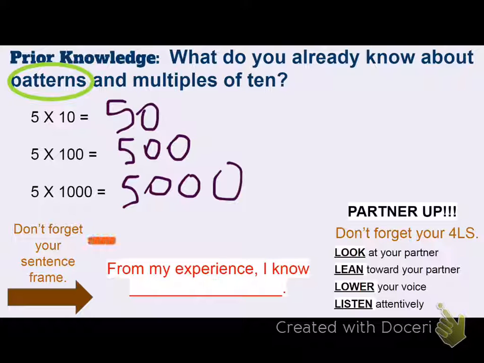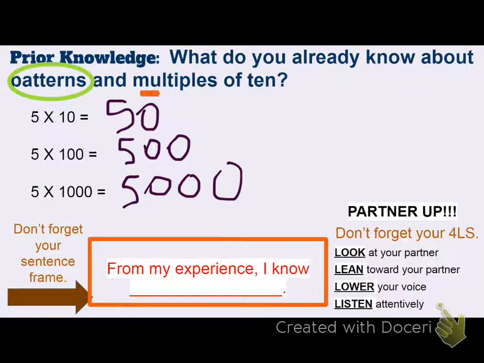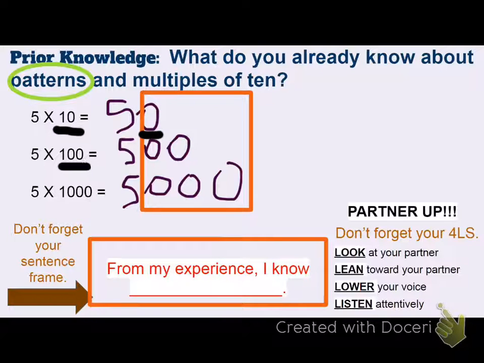So from my experience, I know there's a pattern, and the pattern has to do with those zeros. 10 has 1 zero, and so does 50. 100 has 2 zeros, and so does 500. 1,000 has 3 zeros, and so does 5,000. So I know that there is a pattern when multiplying by multiples of 10. When you are able to notice how many zeros there are, or the power of 10, it will help you in seeing if your answer is reasonable.